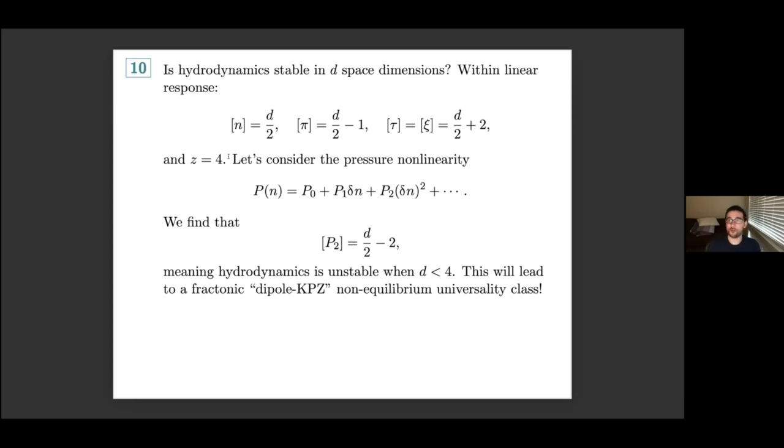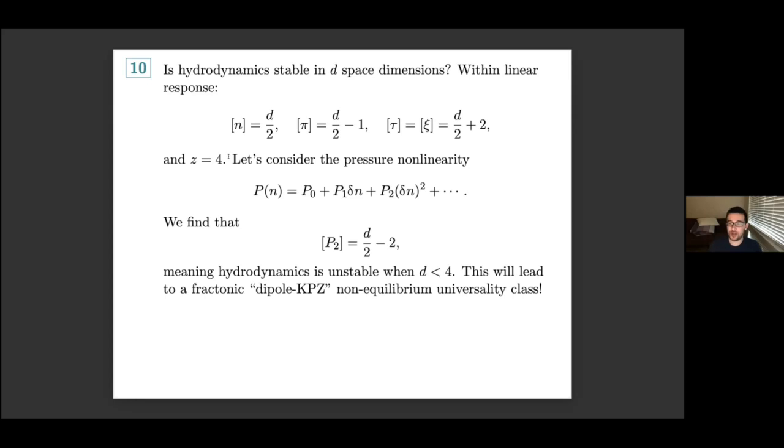Just like in an ordinary fluid, we should think about what the scariest form of nonlinearity might be here. We have some guidance on what might happen. If we think about an ordinary fluid in 1 plus 1 dimension, so d equals 1 space dimension, we know that if you add pressure nonlinearities, so a term in the pressure that's proportional to density squared, or at least deviations in density squared, that turns out to be relevant.